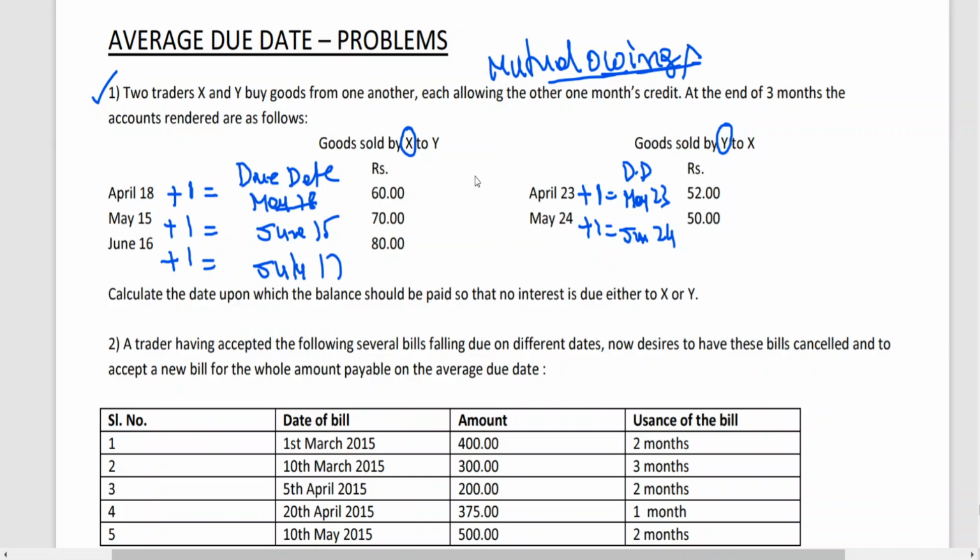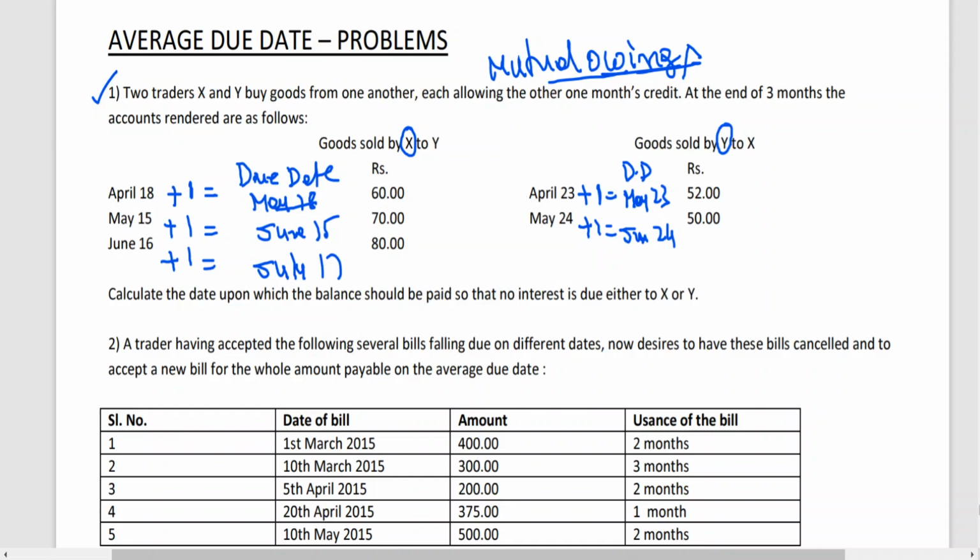I repeat once again, average due date is equal to base date plus difference in product by difference in amount, and that will become your due date, the common due date. That means after adjusting amount due by Y to X and amount due by X to Y, we'll have a common date. On that common date, a single payment will be paid.